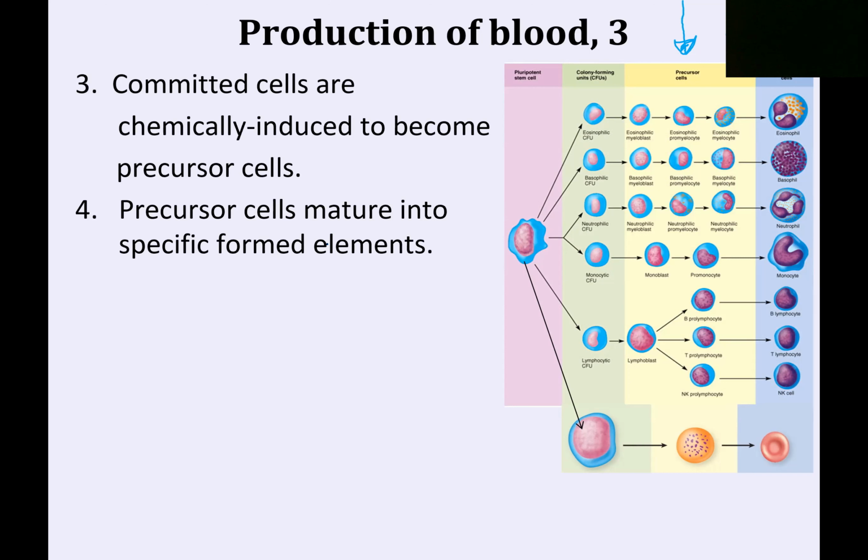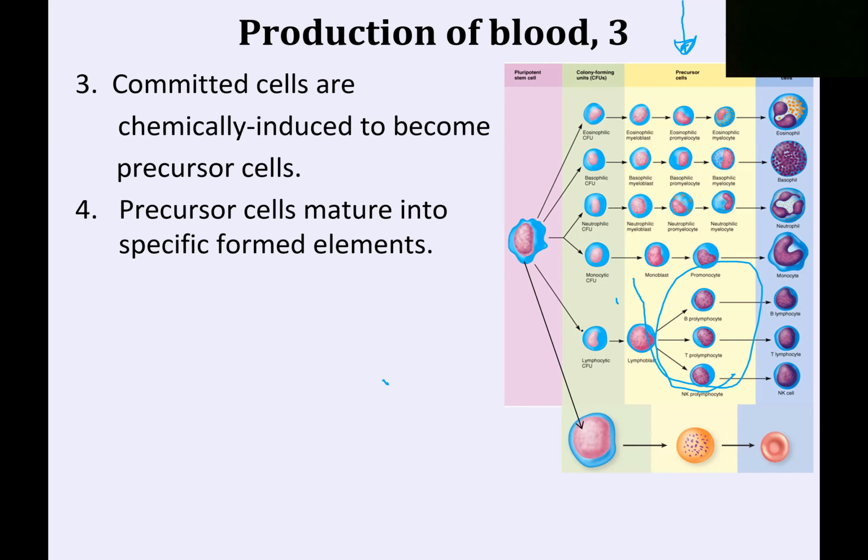So, pretty straightforward, except down here for lymphocytes. And we've already mentioned this with regard to the lymphatic system. The lymphocytes require more specialized chemicals to get them to become specific B cells, T cells, natural killer cells. So again, chemical inducement, but there's a little bit more.